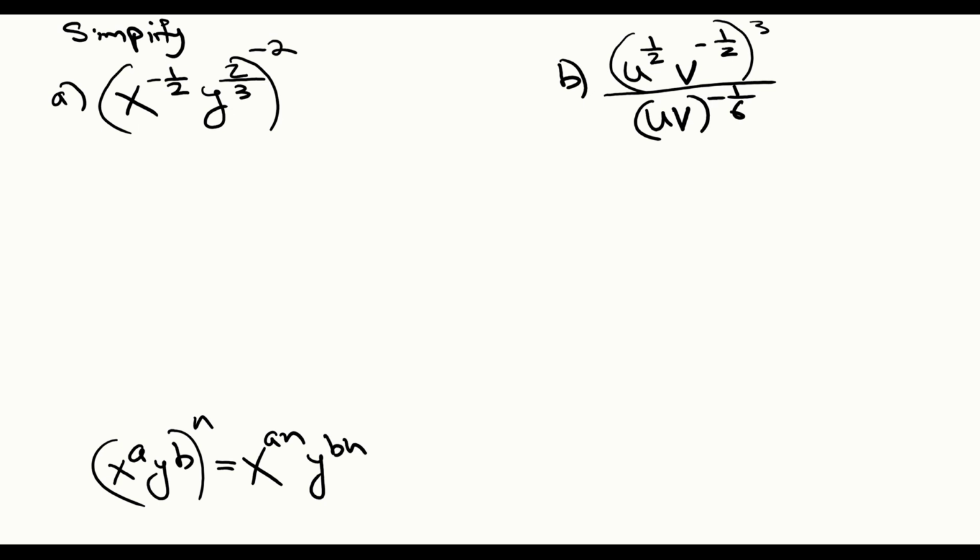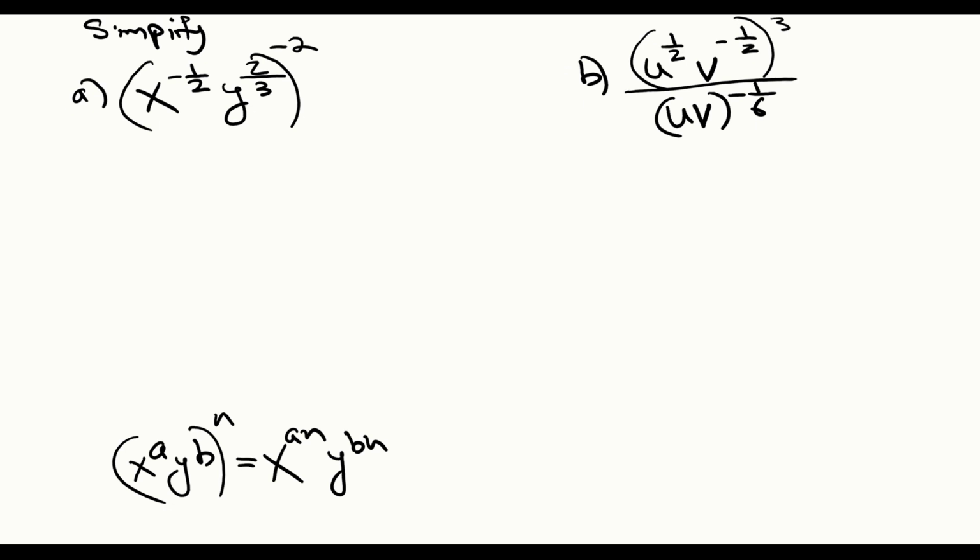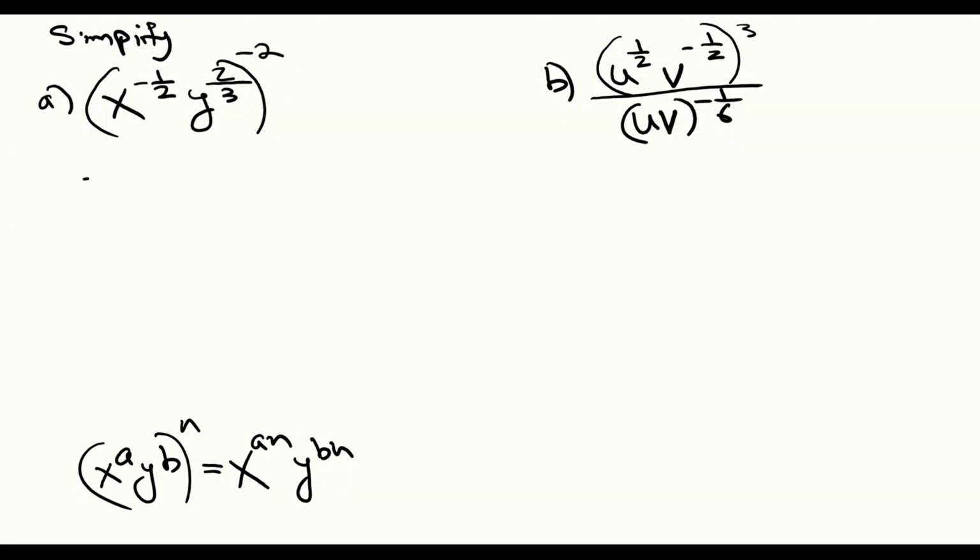So we're basically going to distribute that exponent into both of those powers. So we're going to end up with x to the -1/2 times -2, y to the power of 2/3 times -2.